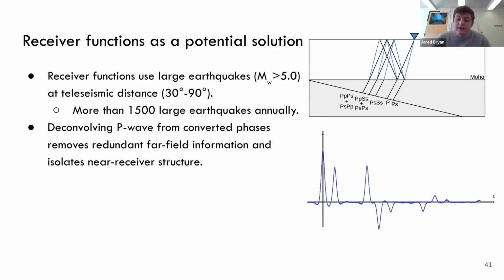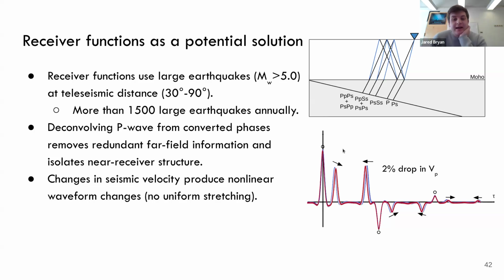We can also look at how this signal responds to velocity changes local to the seismic station. So, for example, this is applying a 2% P wave velocity change, which I showed just to contrast it with the linear increase in the travel time shift that I showed with the repeating earthquake, where even with a uniform velocity change in the upper layer here, these different features respond in a more complicated way, where some peaks are moving to the right and some move to the left and some don't change at all.